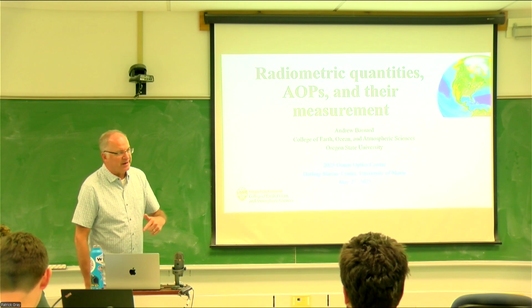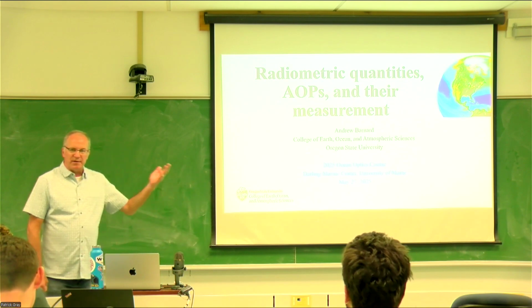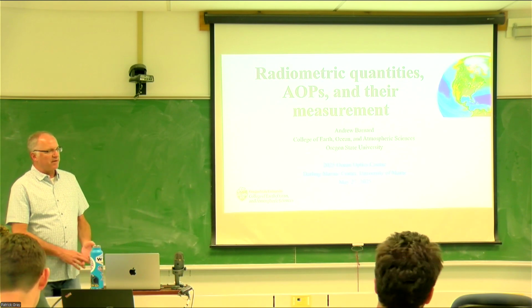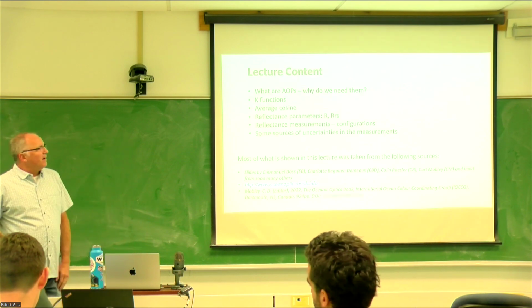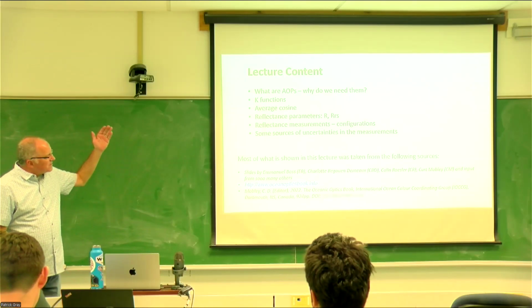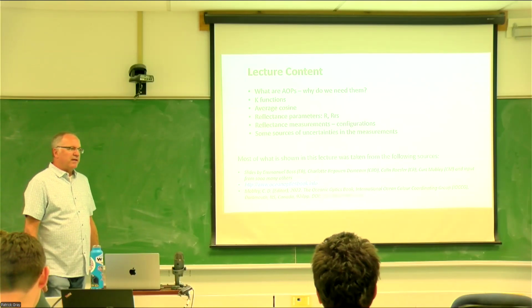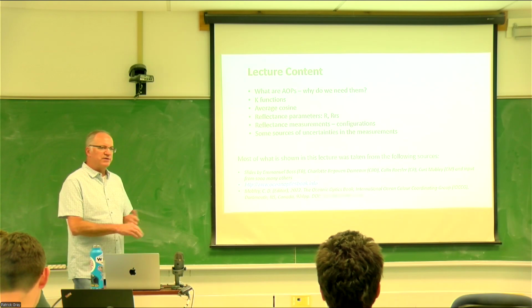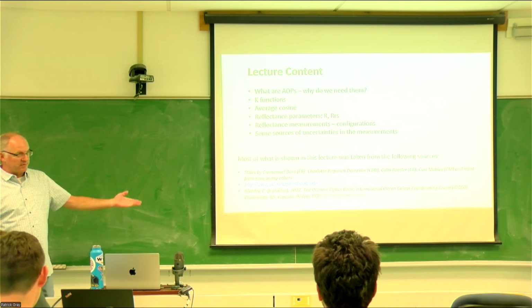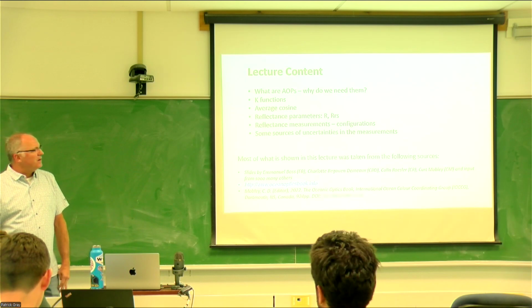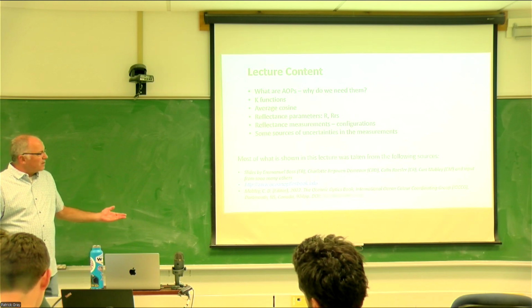I'm going to go over what the AOPs, the apparent optical properties, are, how we derive them, why they're important. Next slide already. Some examples of what the AOPs look like, and then we're going to jump into another set of AOPs called reflectance measurements, remote sensing reflectance being one of them, and why they're really important.